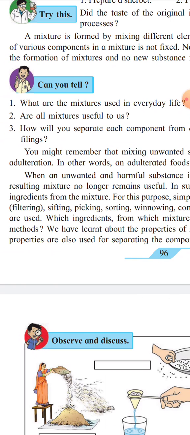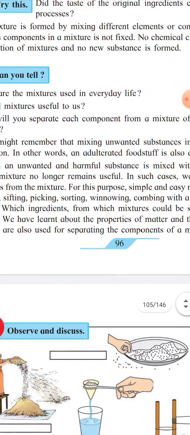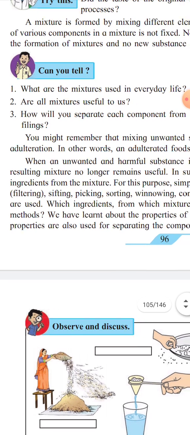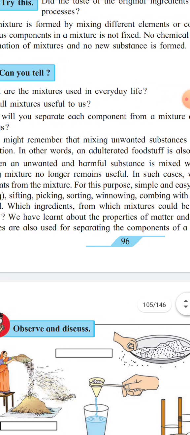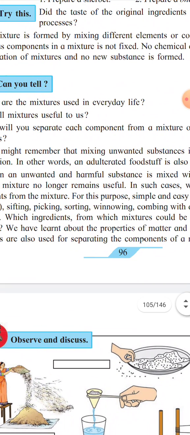Which ingredient from these mixtures could be separated by using which method? We have to learn about this property of matter and the effect of heat. These properties are also used for separating the components of various types of mixtures.